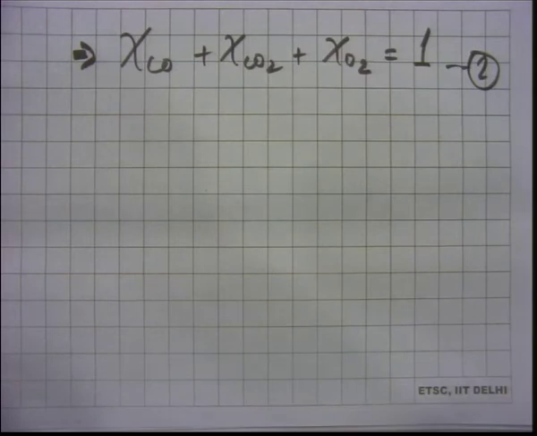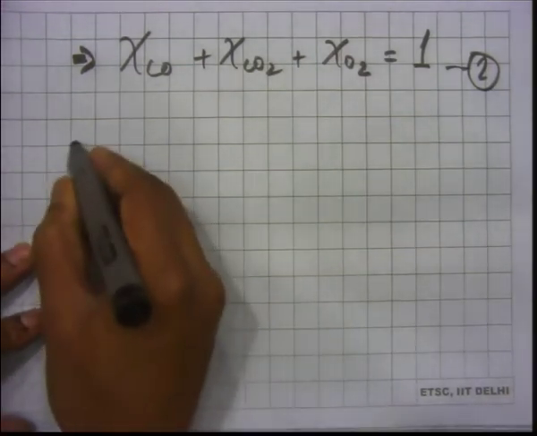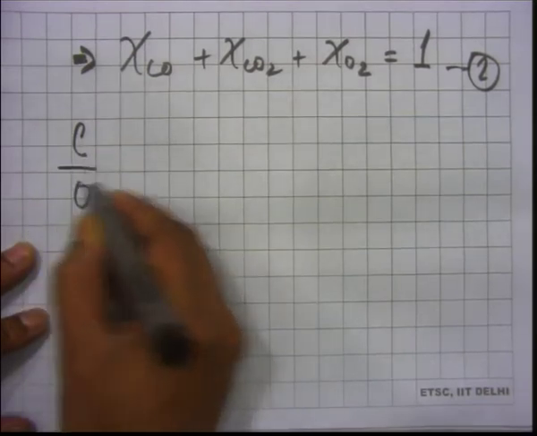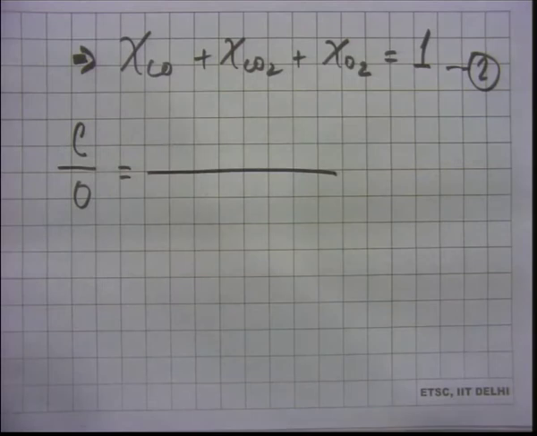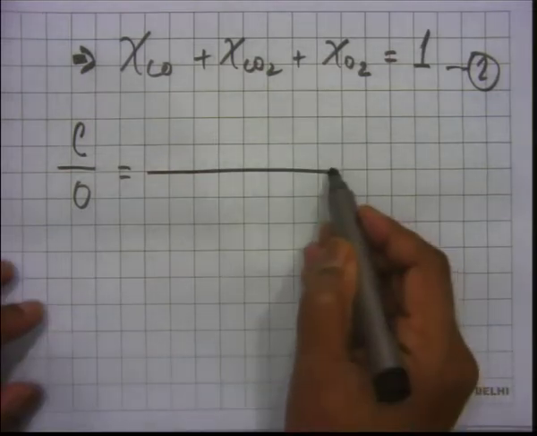So, we still need a third one. To get the third one, we have to do a C by O atom ratio. This C by O atom ratio is actually not going to change.